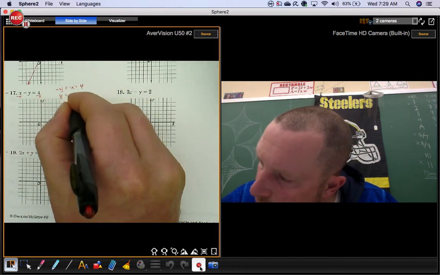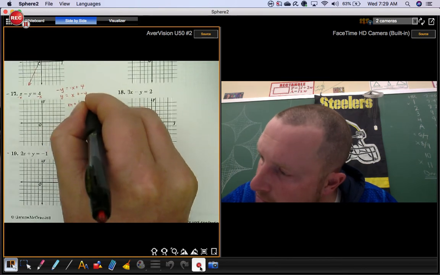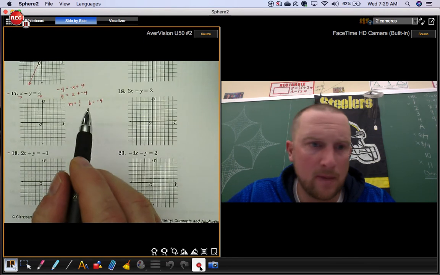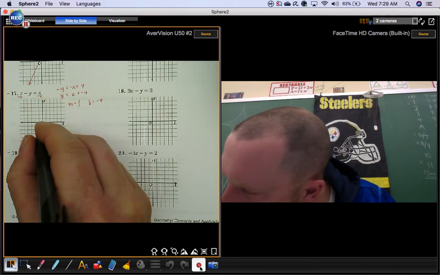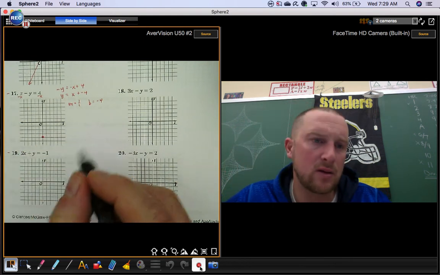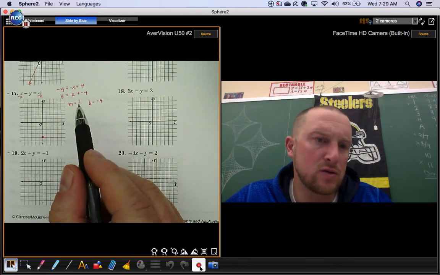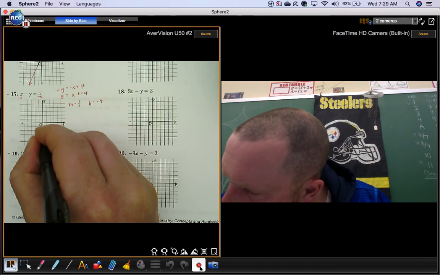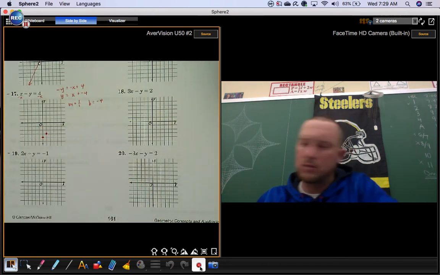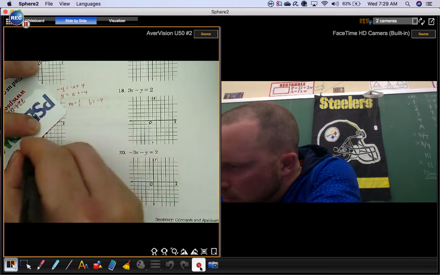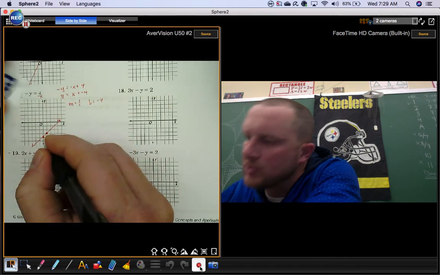Now I know the slope and the y-intercept. If your y-intercept is negative 4, we'll plot that. Use the slope 1 over 1 to find the next point, and connect them with your straight edge.